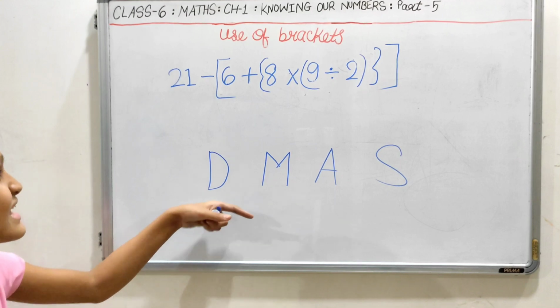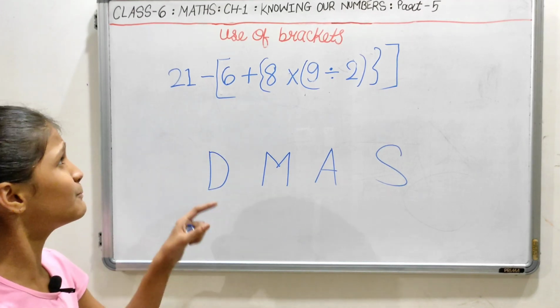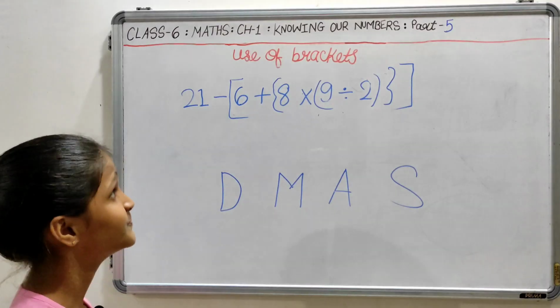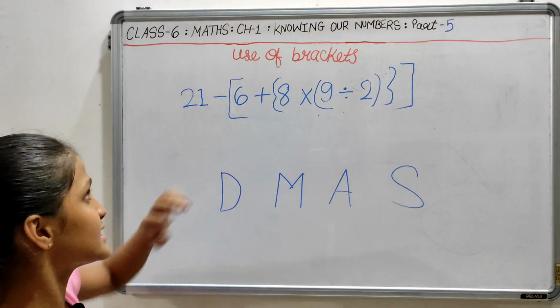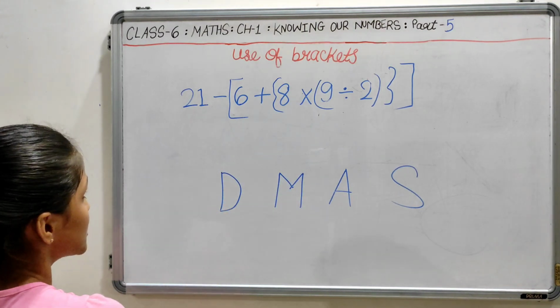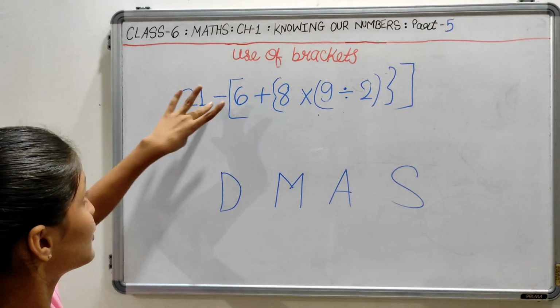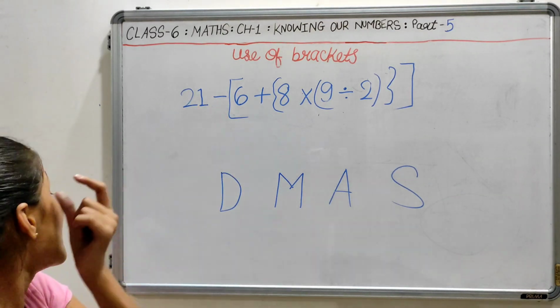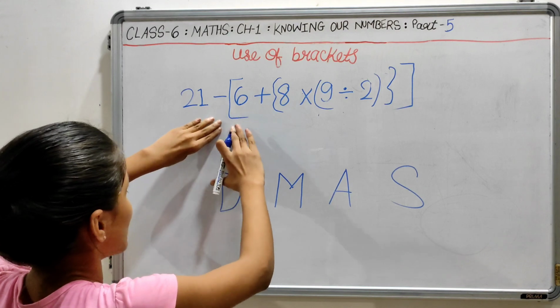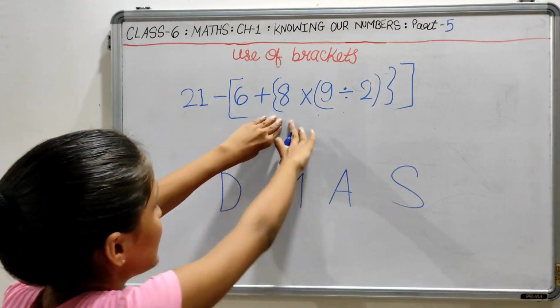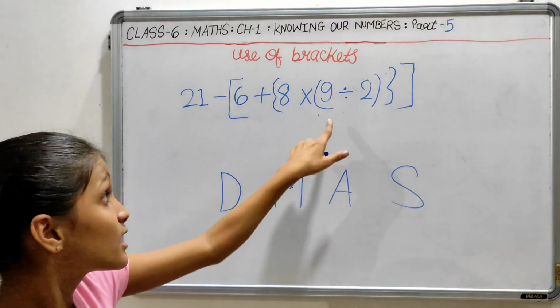Here we use DMAS. Now why we put the brackets here? We use DMAS here. How? So now you all will be wondering why we put brackets here and there. Now we put square brackets, curly brackets, and now we are at curved brackets.